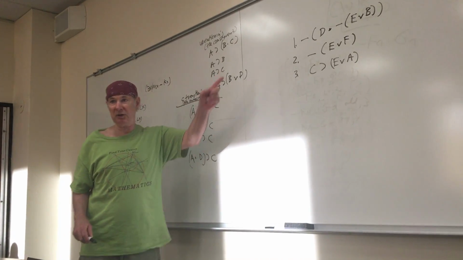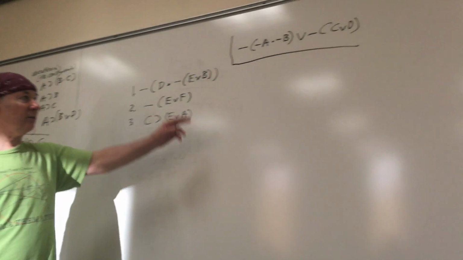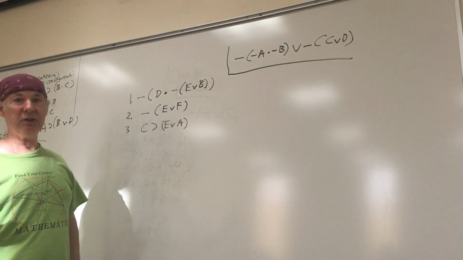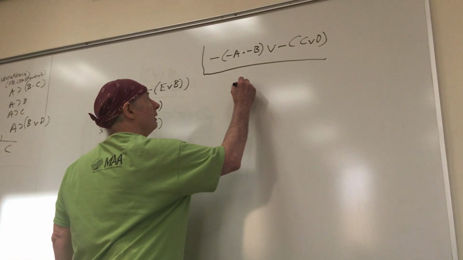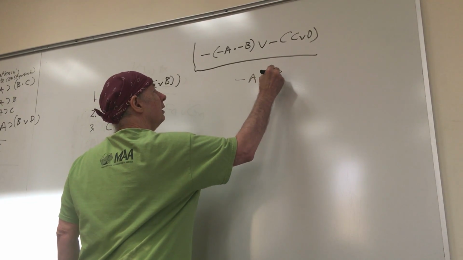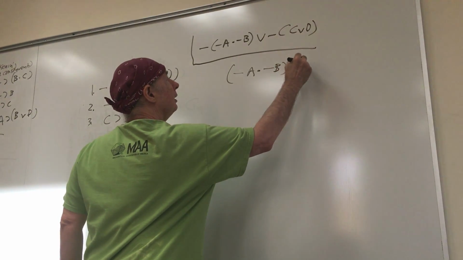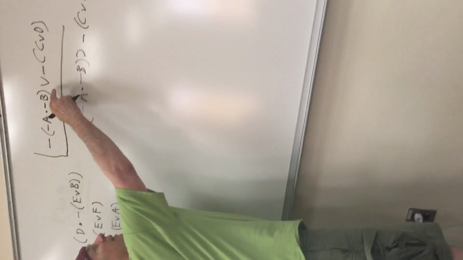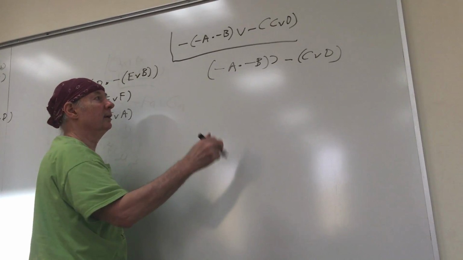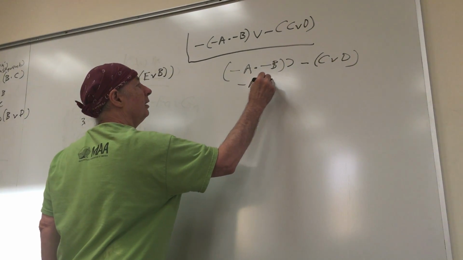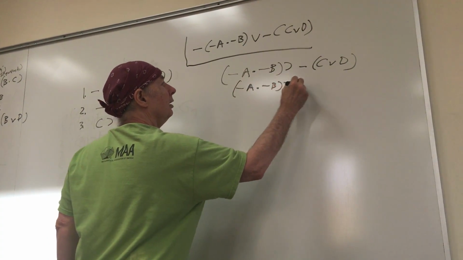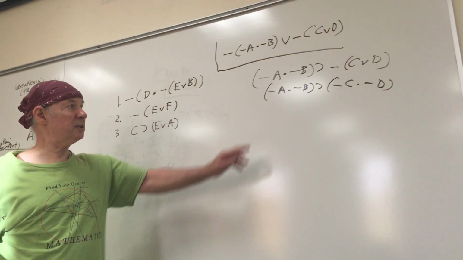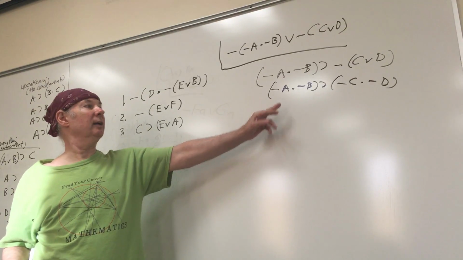So let's see how that works over here. Now this looks very, very scary, but it's not. Let's just do a little something to it. First, we convert it into a horseshoe, and then we now have something that looks a little less scary.